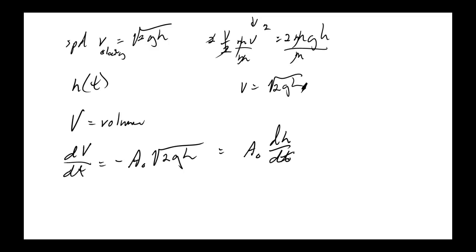I mean, that makes sense, doesn't it? The volume is the area times the height. So the area is constant, so pull that out, and that gives you that. Well, now this you can solve. You're not really interested in that, you want dH dt, and notice the area is no longer important. It divides out, and what you have is dH dt is equal to minus the square root of 2gh. That seems like I've done it.